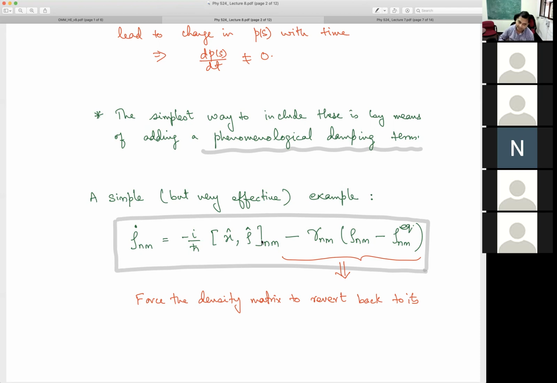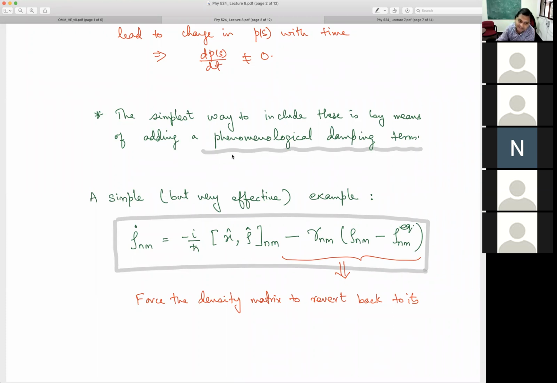So I'll add the source and sink terms, and this term is one of the sink terms. I am assuming that the system will naturally be in a steady state, so whatever was the source term is already built into the rho nm equilibrium. This is the sink term: whatever deviation I cause from the equilibrium steady state value, the system will revert back over some natural time scale.